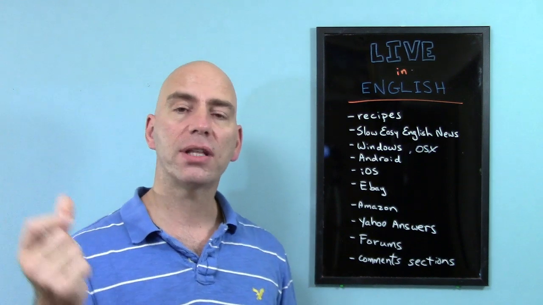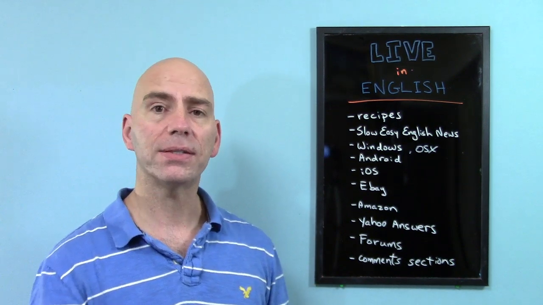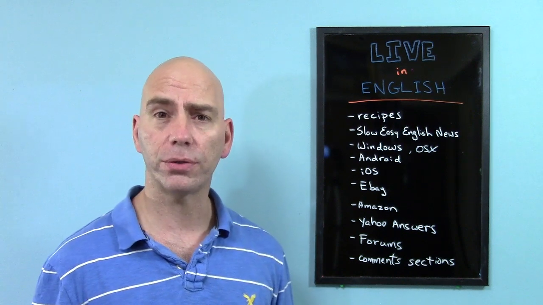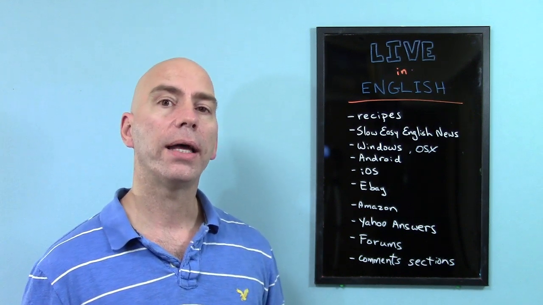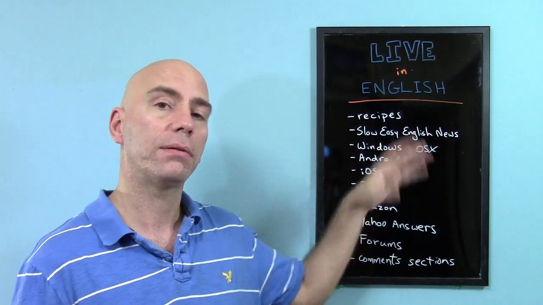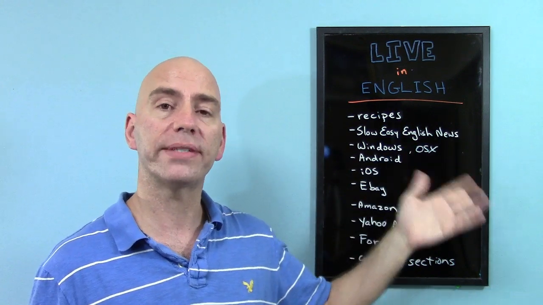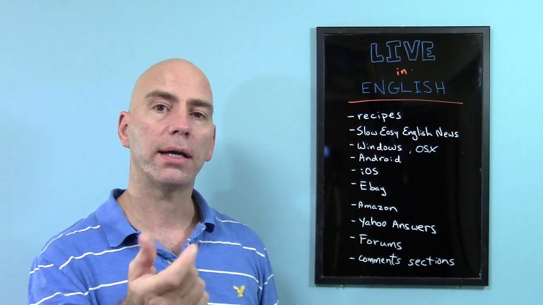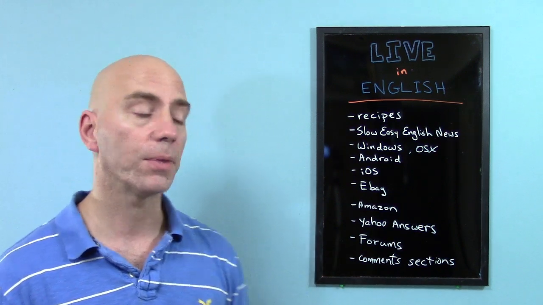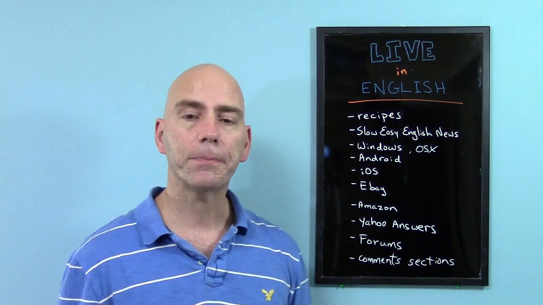I can change the language from English to Japanese very easily. And I think on Android you can do the same thing. And probably with Windows, I don't know, but I imagine they can all do the same thing as far as switching the language of the operating system. So you should do that.